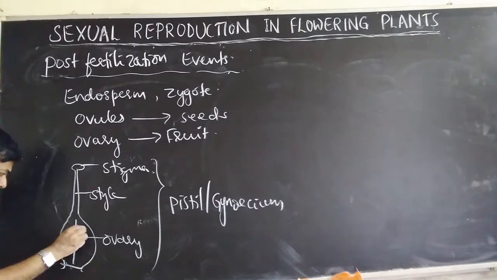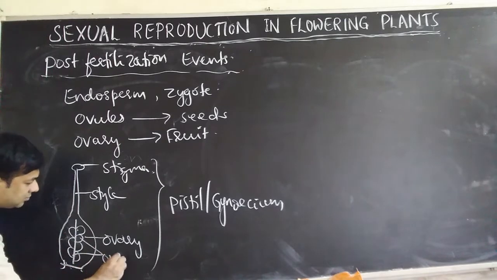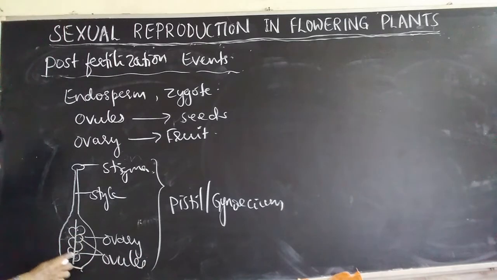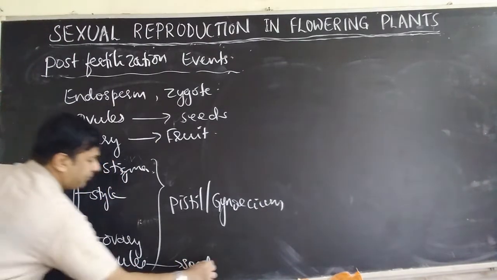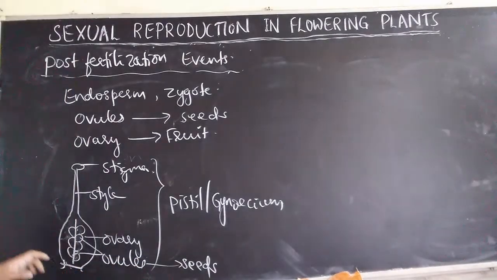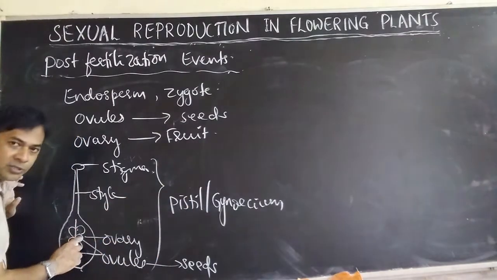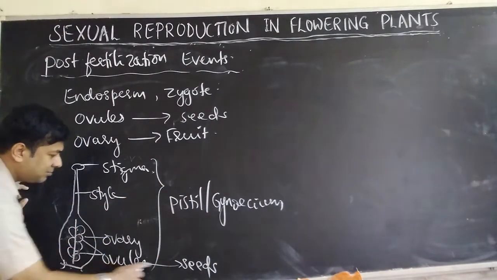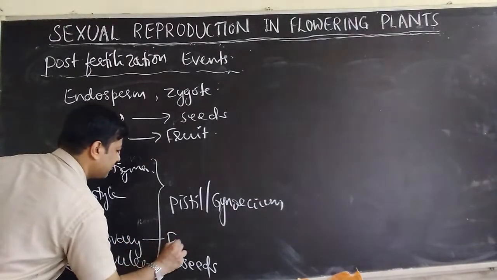Inside the ovary there will be ovules. These are the ovules. So these ovules later become seeds after fertilization, after entry of the pollen tube into these ovules. Then the entire ovary becomes a fruit.